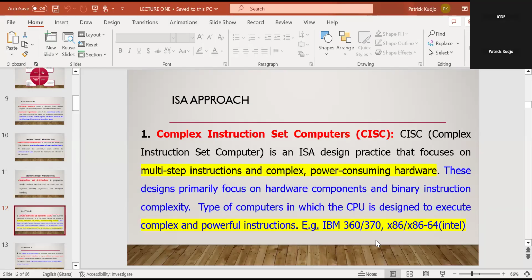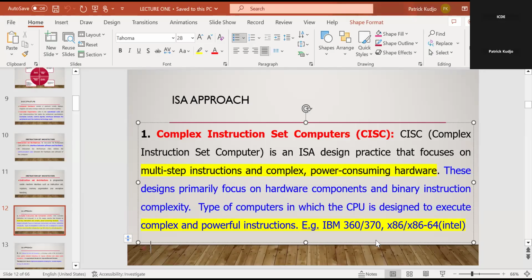Because of that, we have very power-consuming hardware, because of their design principles. So their design focuses on hardware components and binary instruction complexity. In summary, the complex instruction set computers are designed only to execute complex and powerful instructions.